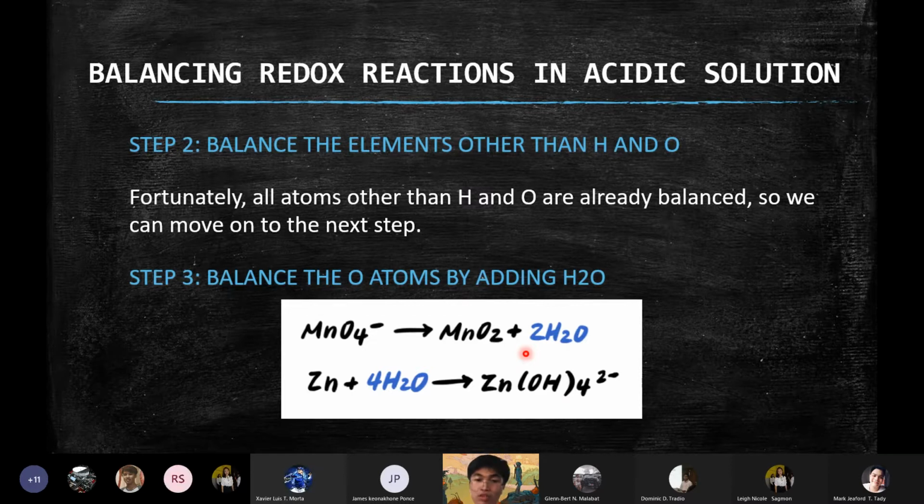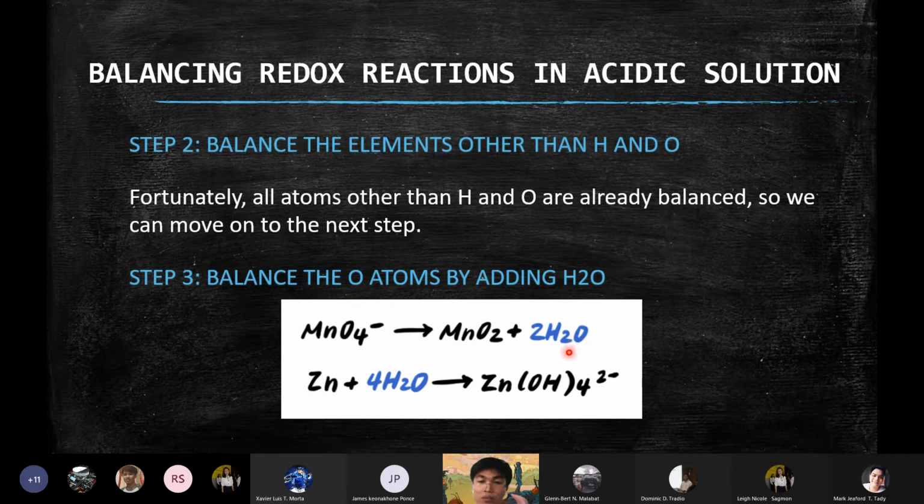So we have here 4 and 2, but adding one H2O alone will not balance the oxygen atoms. If we only add H2O here, the oxygen will only be 3: 2 here plus 1 here is only 3, so they're not balanced.